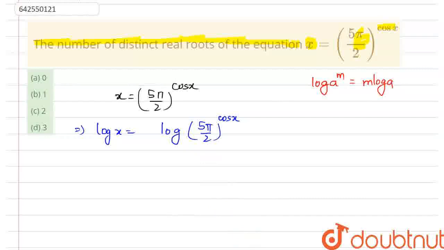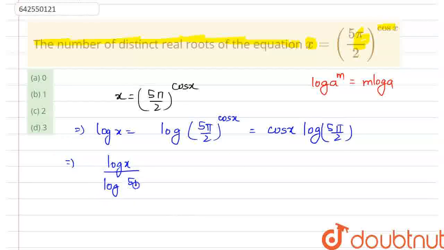So here also we can write it as cos x into log 5π/2. Now I will take this log 5π/2 to the left hand side. So this will be equal to log x divided by log 5π/2 equals cos x.